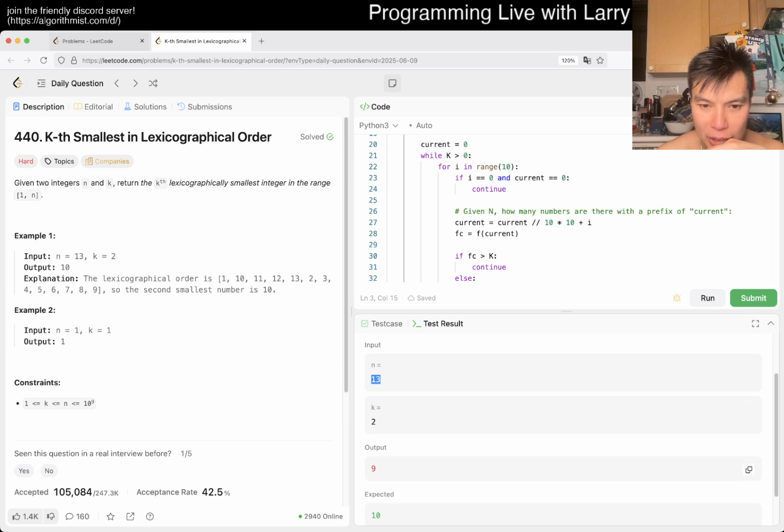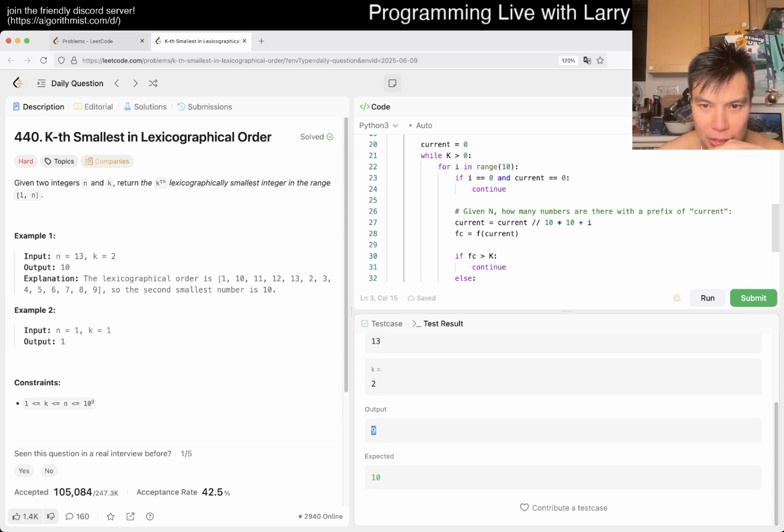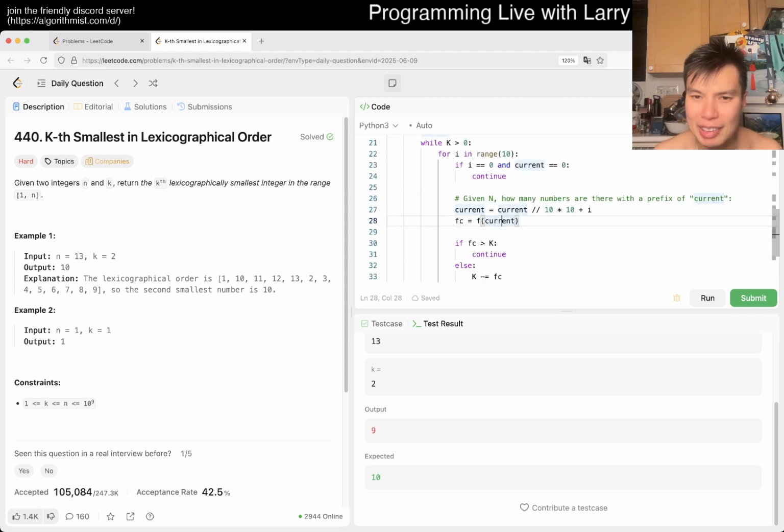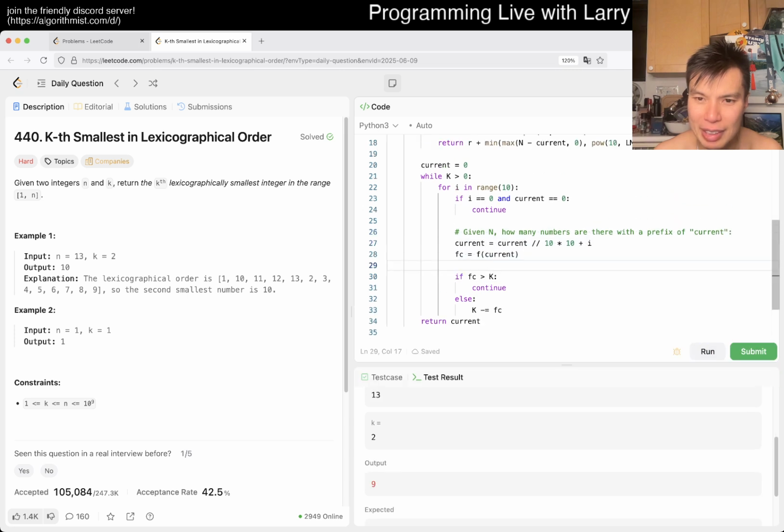Given n, so... I don't think I saved this. I'm doing really weird things here. Okay, so it's continue, but kind of. So current is correct. So now we actually want to shift by 10, maybe, unless it is 0.